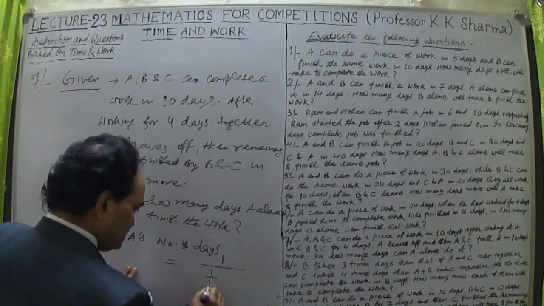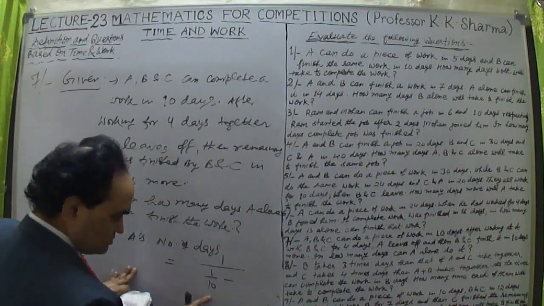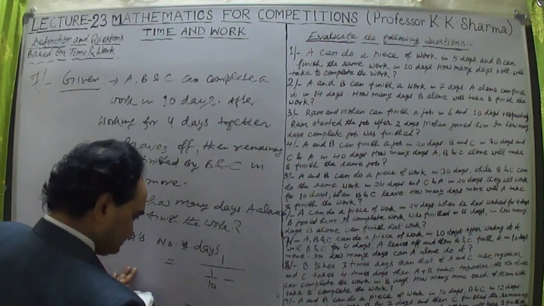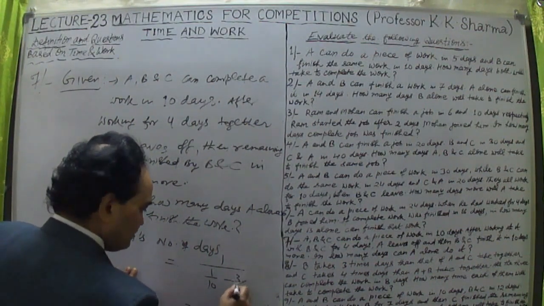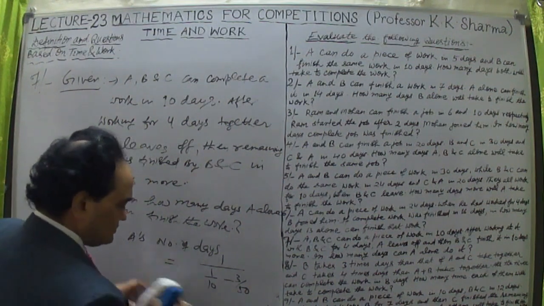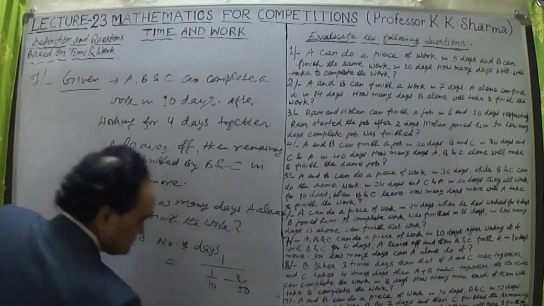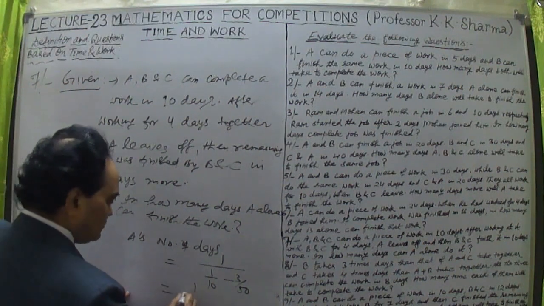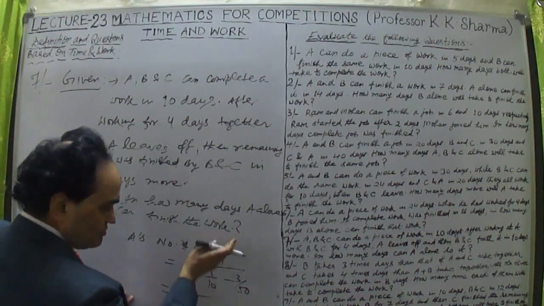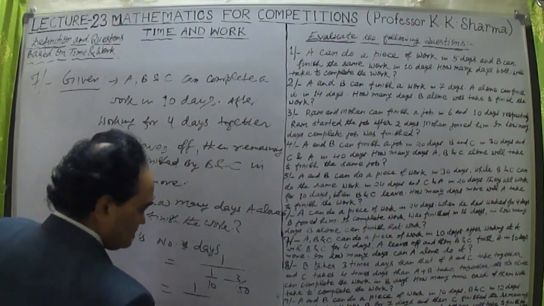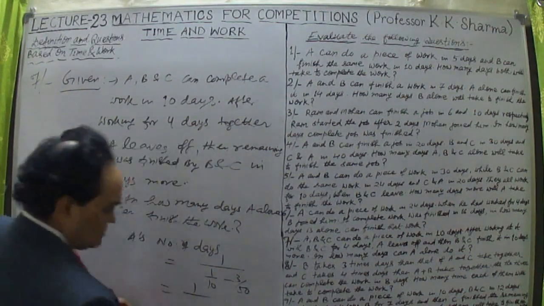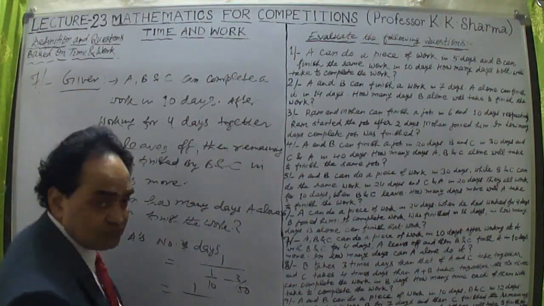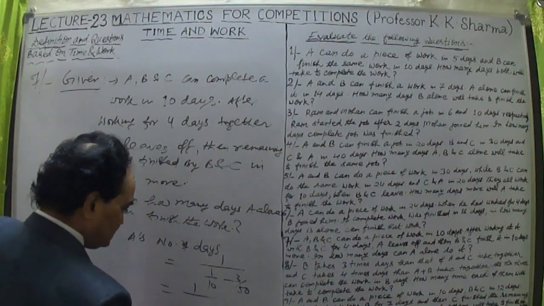This is 1/10, all three's rate of work, minus 3 upon 50, which is B plus C's rate of work. We have to find the number of days, 1 divided by this rate. So for 1/10 minus 3/50, 50 is the LCM.